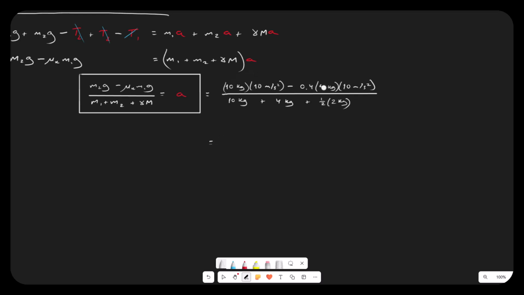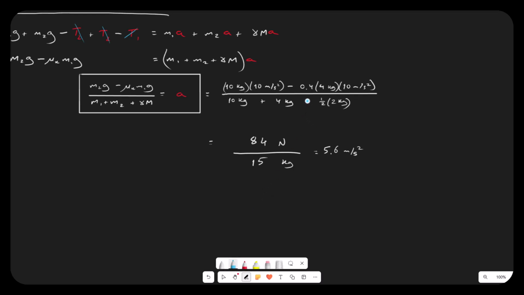100, 0.4 times 4 is 1.6, times 10 is 16. 100 minus 16, that's 84 newtons on top. On the bottom, 10, 14, and 1 is 15 kilograms, and I get 5.6 meters per second squared.